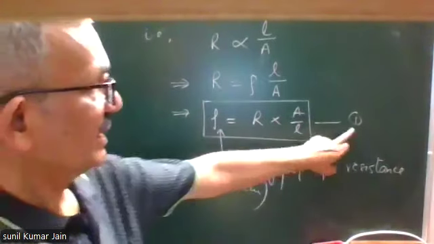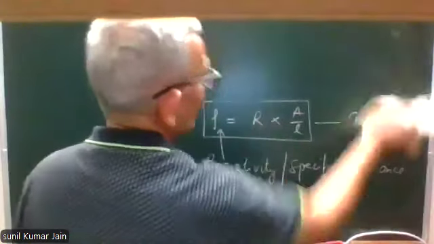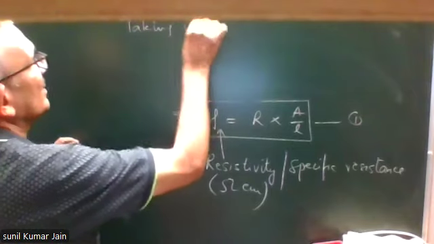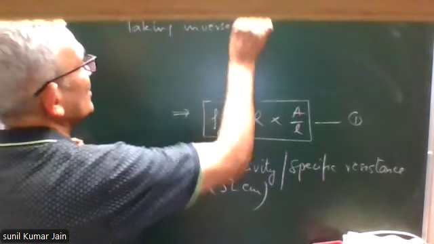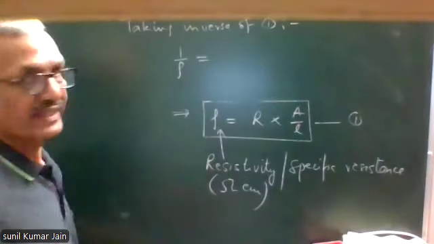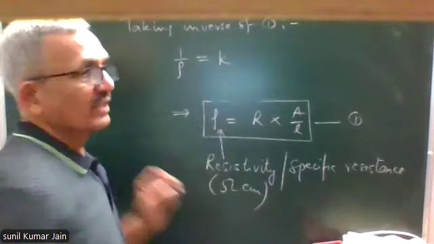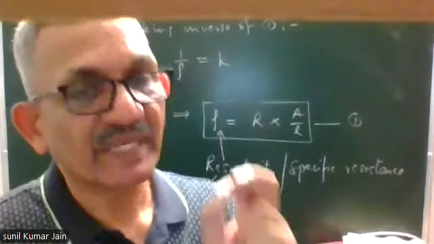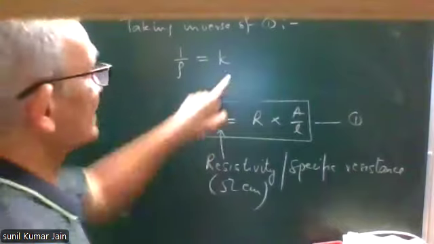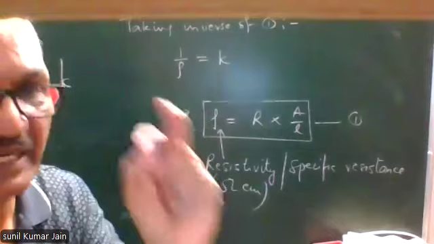Write that down. Now I'll take the inverse of equation 1. It is 1 by rho, and the symbol for 1 by rho looks like small k, but it is not small k. This symbol is called kappa. This vertical line is a bit lengthy.